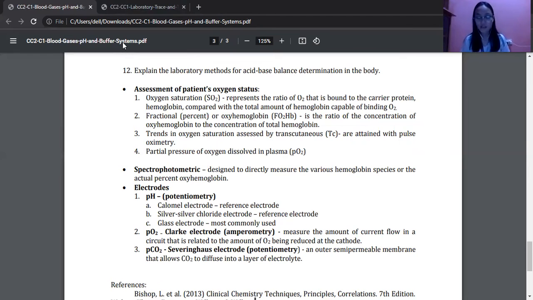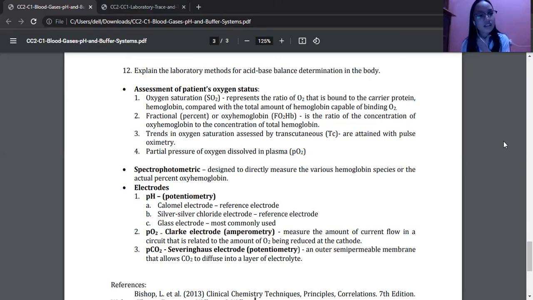is a non-invasive procedure done to monitor the partial pressure of oxygen by directly placing the electrodes on the skin of the patient.